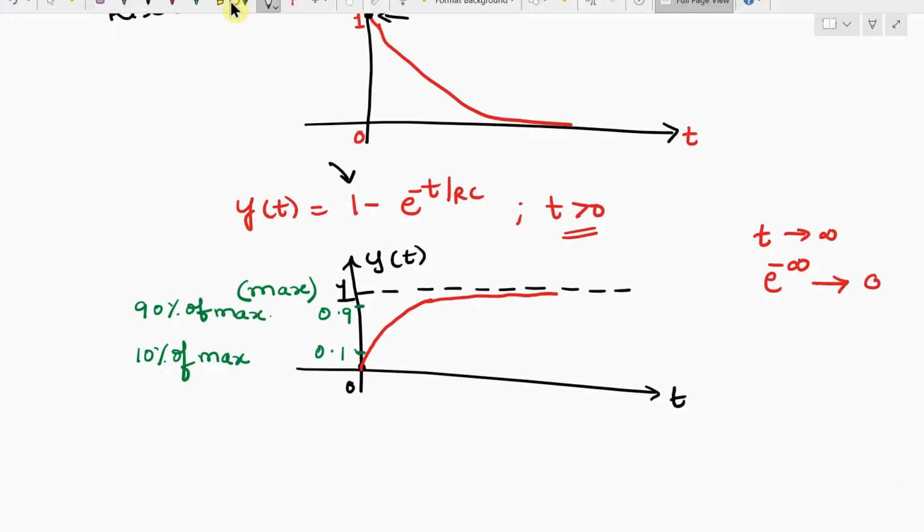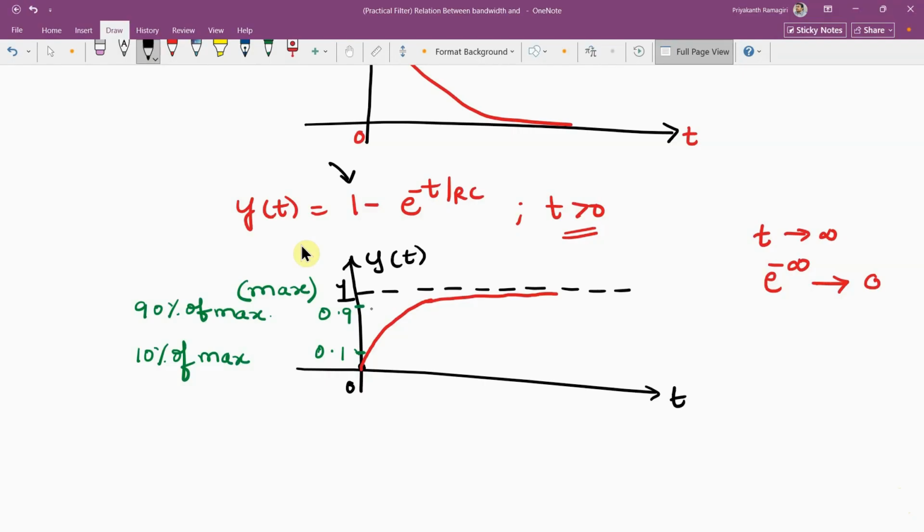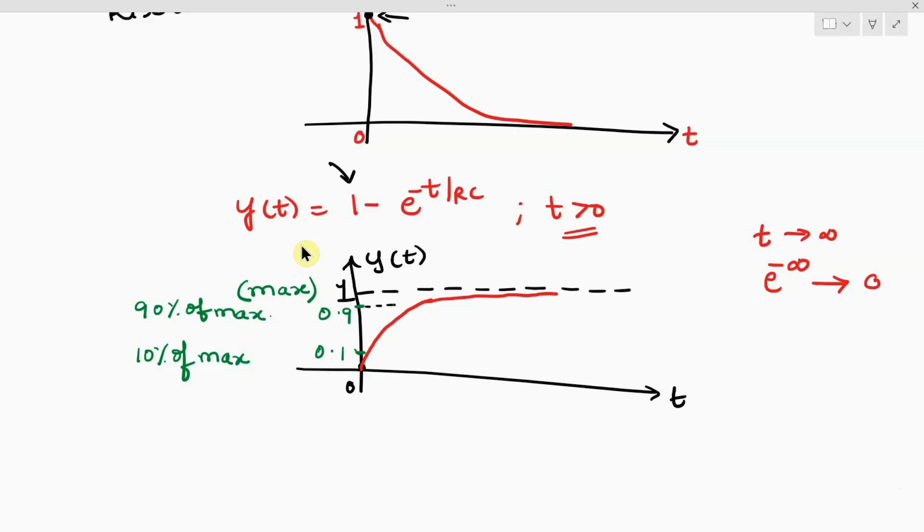Okay. So what I am doing now is extending this onto the output. It touches here. So this is the time t1 at which the output is 10% of the maximum value, and this is the time t2 where the output has reached 90% of the maximum value. So tell me, what is the rise time now? T2 minus T1. Right. So TR equals T2 minus T1.